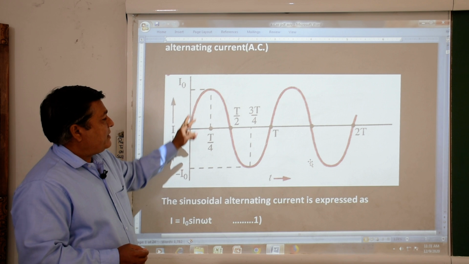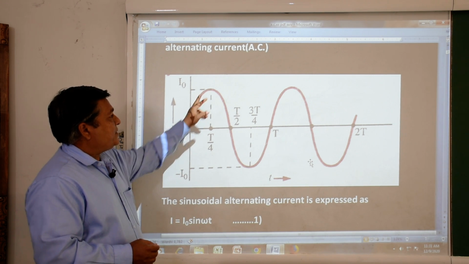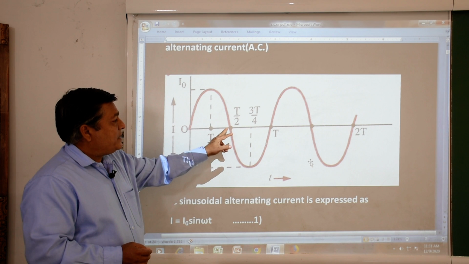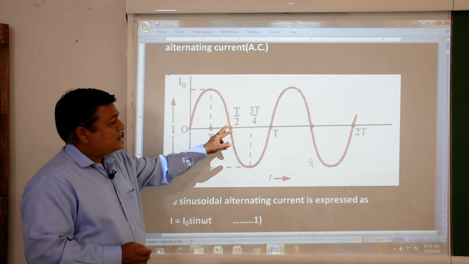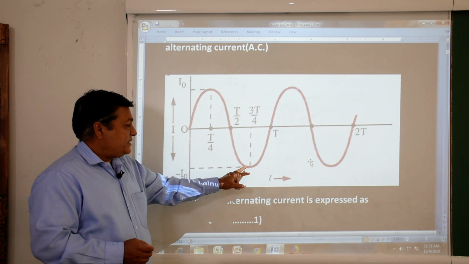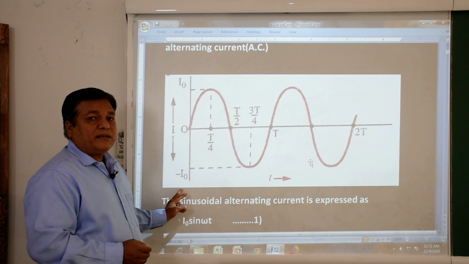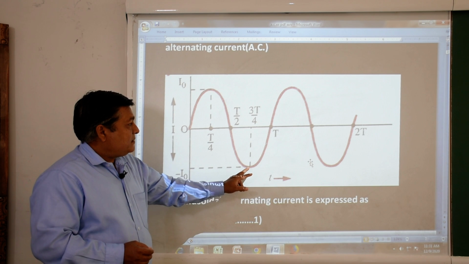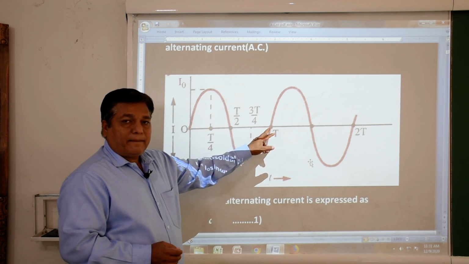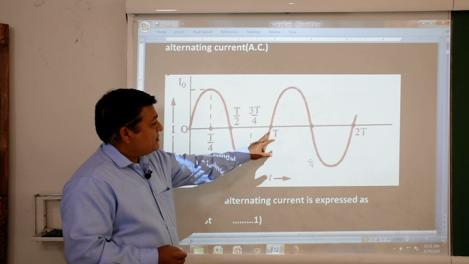After T by 4 the magnitude of current becomes maximum, I naught, then after T by 2 it becomes 0 again. Then after 3T by 4 its magnitude becomes minus I naught. Then at time T, in one complete cycle, we again get 0 value of current.